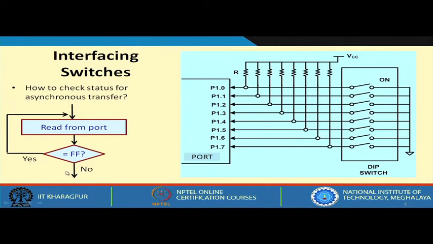But as soon as you see that it is not FF, which means one of the switches is 0, then you come out. Then first thing you will have to check which of the bits is 0, that you can easily check. There are shift instructions, there are bitwise AND OR operations, you can check which bit is 0. If bit number 0 is 0, then you do something, if bit number 1 is 0, you do something else, depending on what those switches indicate, right.